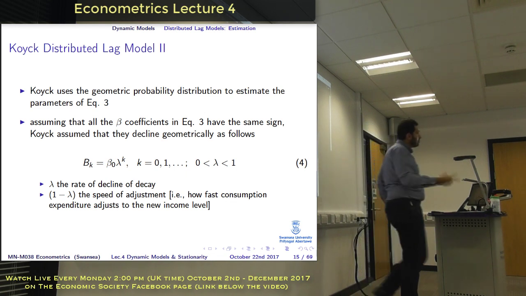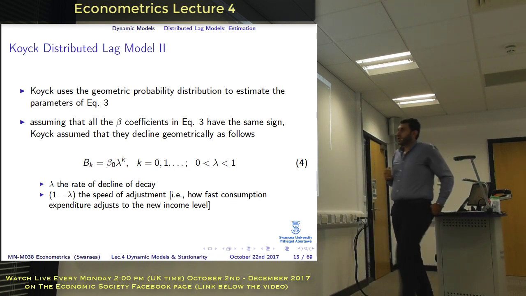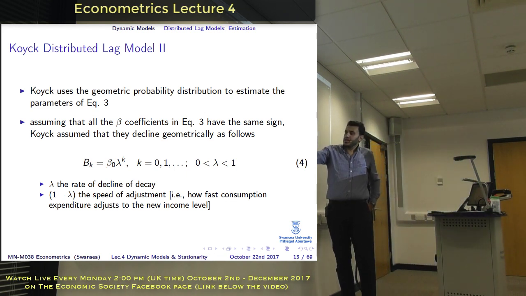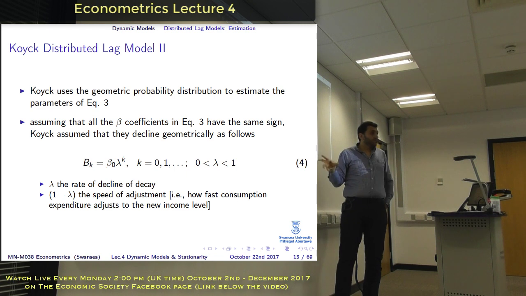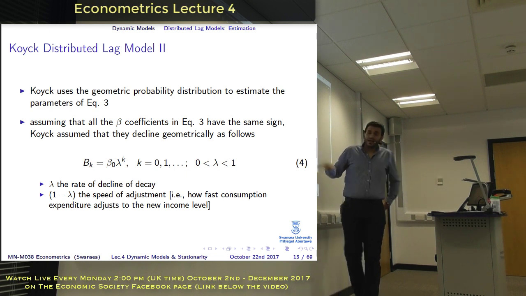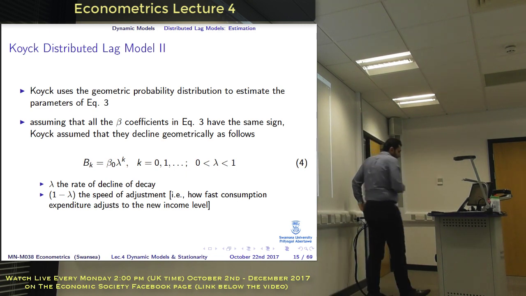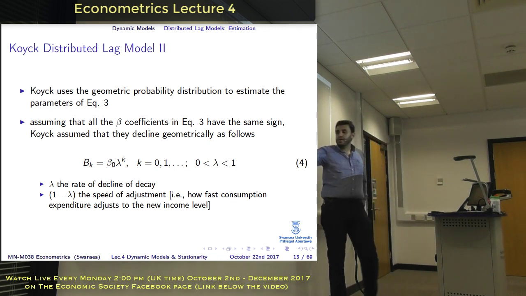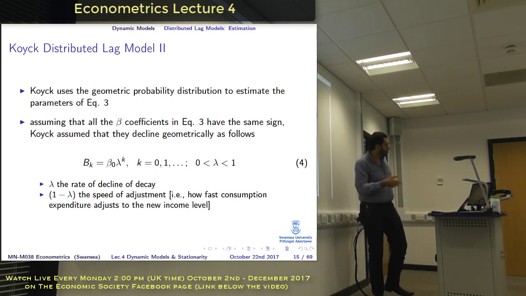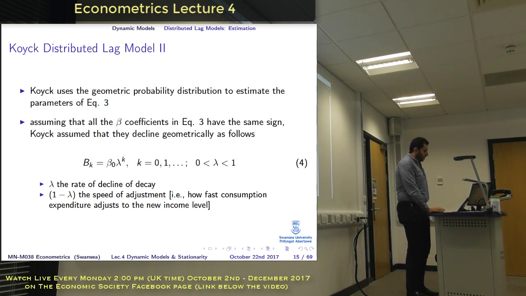Here k is the number of lags, and it could go from 0 to infinity. The value of lambda is between 0 and 1, and this is called the rate of decay. And 1 minus lambda determines the speed of adjustment, or how fast consumption expenditures will adjust to the new income level.